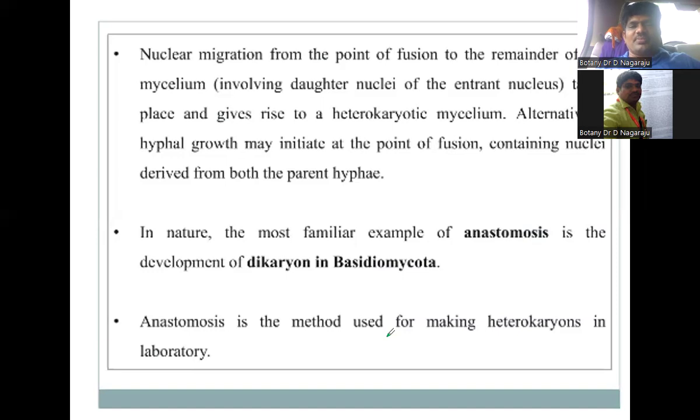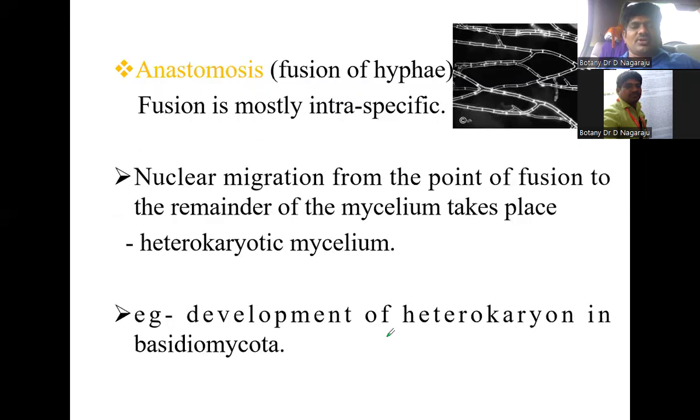There is nuclear migration from the point of fusion to other areas: initiated at the point of fusion, the nuclei divide from both parent hyphae, so that some of the genetic material goes to the adjacent cell.